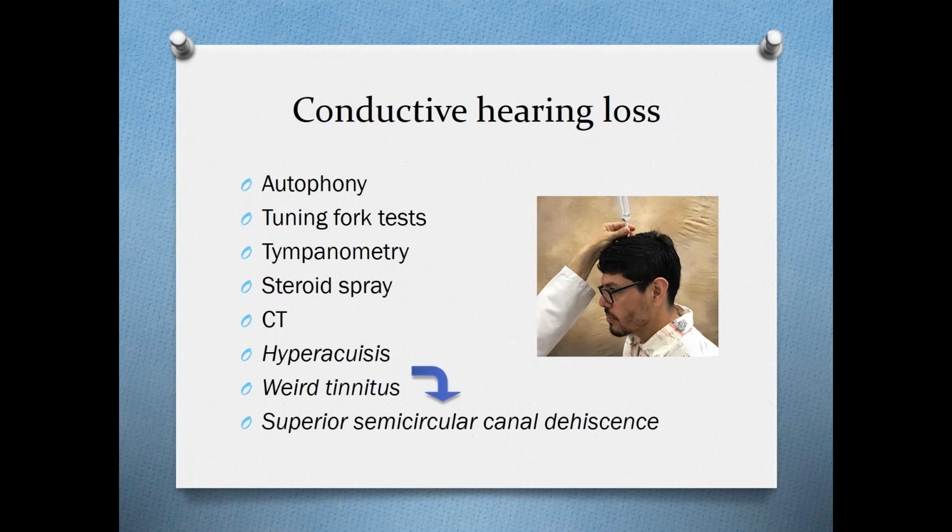And that actually turns out on CT scan to be a superior semicircular canal dehiscence. And the more you're aware of that possibility, when something is not quite making sense in the picture, often a cone beam CT scan of the temporal bones, which doesn't have to be a full-blown CT and is easily available, might clinch the diagnosis.